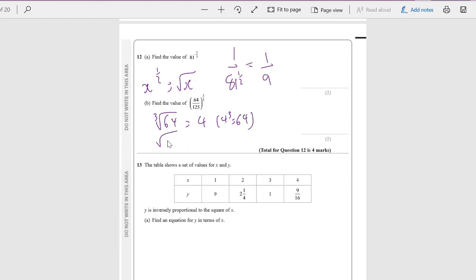And then the same thing for 125, cube root gives us 5, because 5 cubed is 125. And then remember, we still have to square, so we have 4 over 5 squared, so 16 over 25.